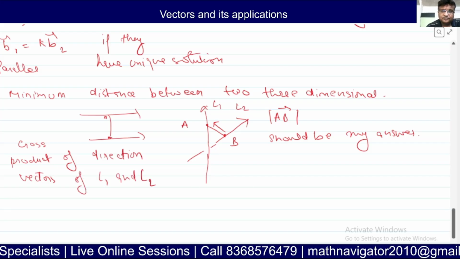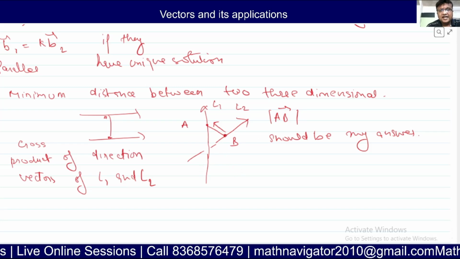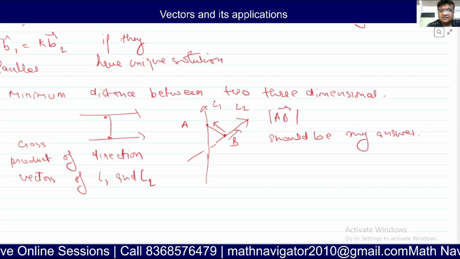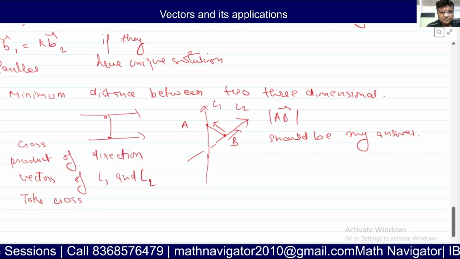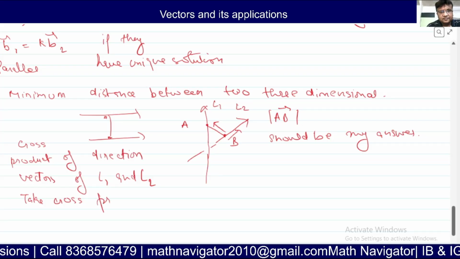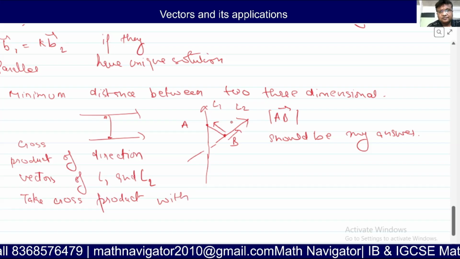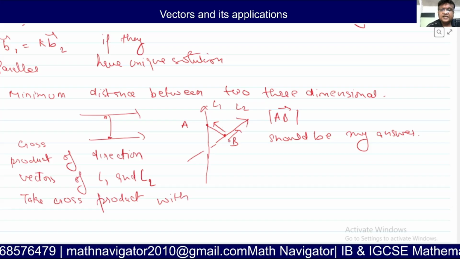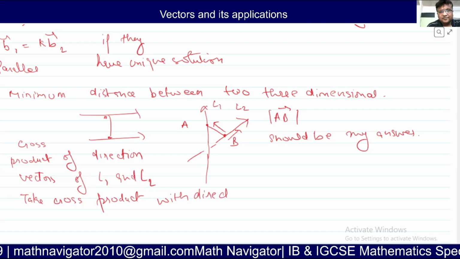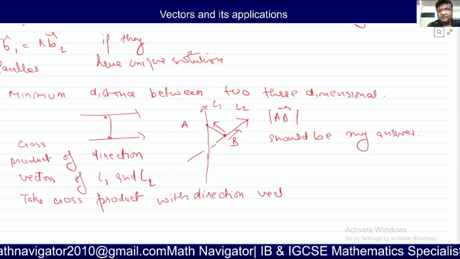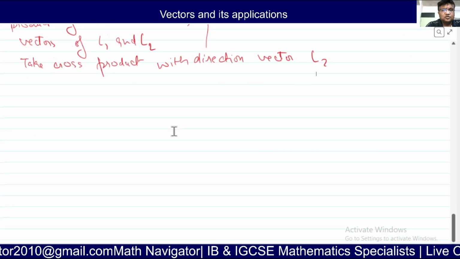Got it? And then we can take the cross product with the direction vector of L2. I'll do one question, then you will understand. Let's come to the question.